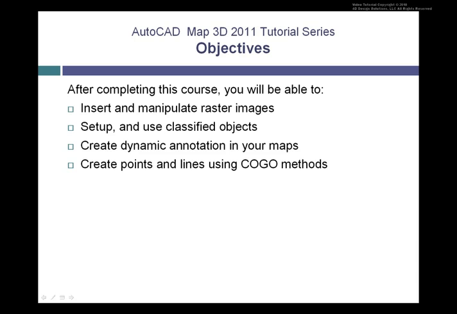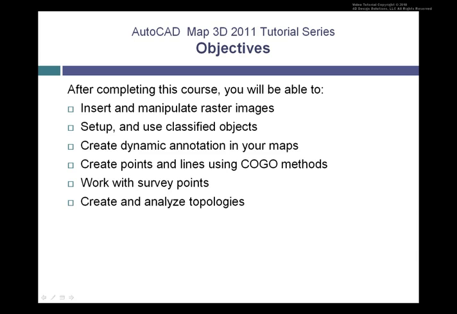You'll create points and lines using coordinate geometry methods and learn to work with survey points. You'll also create and analyze topologies, which can give us some very powerful analysis tools within AutoCAD Map. You'll learn to connect to feature sources using FDO technology.